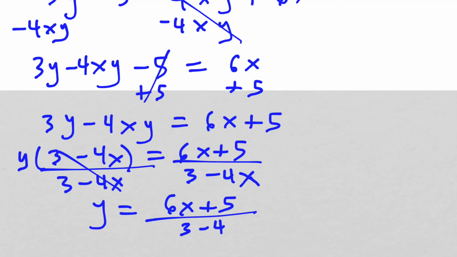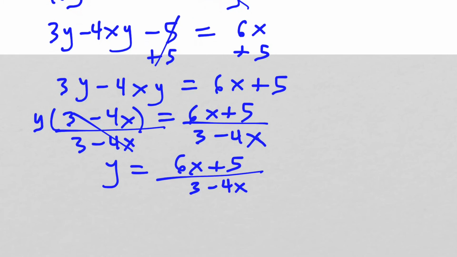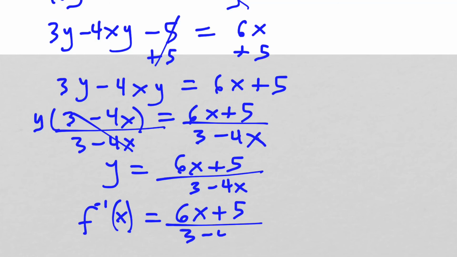And then our final step would be to call this f inverse of x instead of y. And there we have it. So that one required a few more algebra steps, but still the basic procedure.